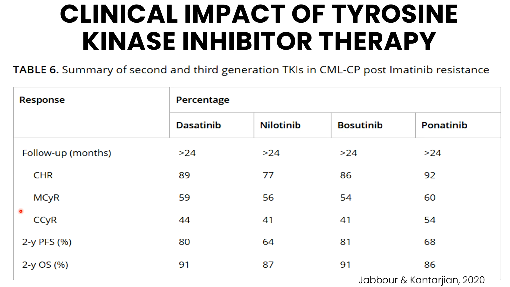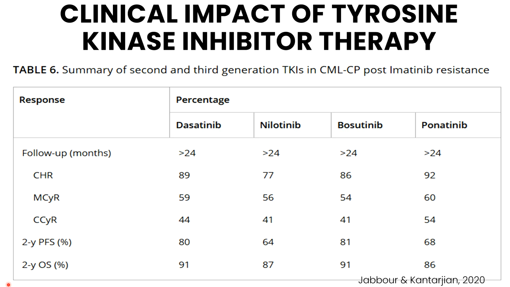These response categories here, CHR, MCyR, CCyR, help clinicians evaluate how well patients respond after switching to a newer inhibitor. So while the percentages differ among the drugs used, the important message here is that patients were able to achieve meaningful clinical responses even after resistance develops.